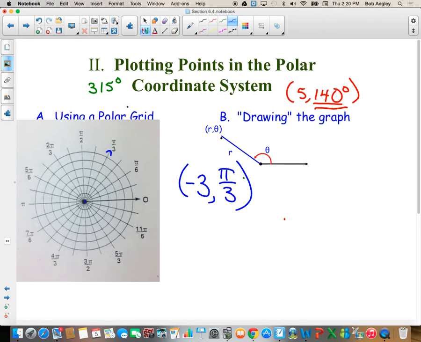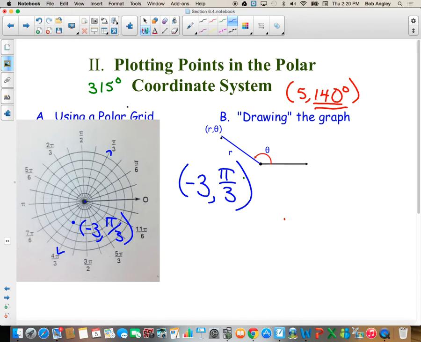All right. And so what we do is we go back on the opposite ray. So it'll be the one back in this direction, and we go back whatever that number is. In other words, if that's negative 3, we go 3 in the negative direction there. And so that point right there would be negative 3 comma pi over 3.